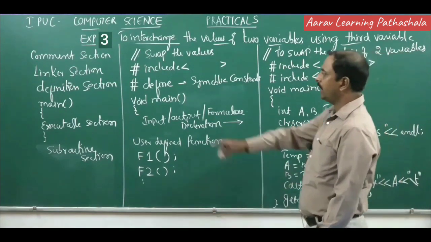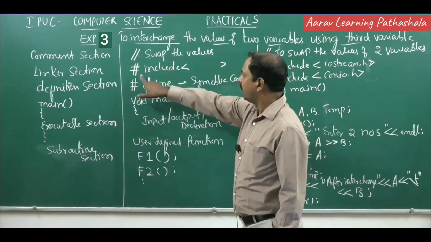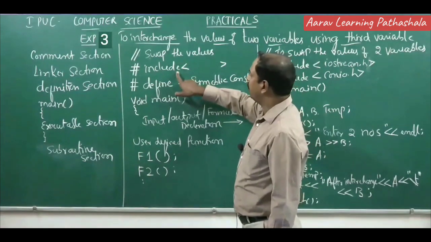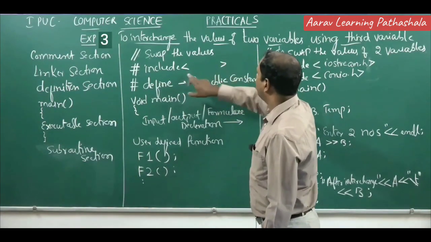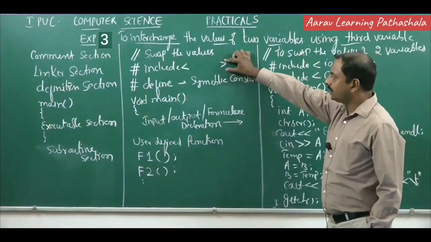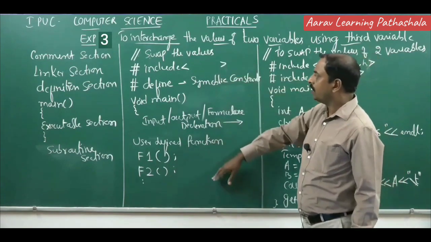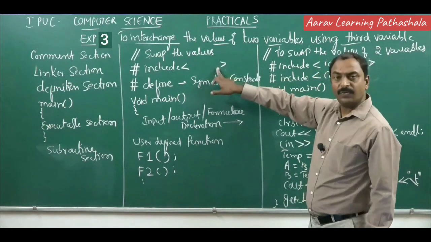The next section is the linker section. This linker section starts with hash include. Between the pair of angle brackets we have to write the header files, and this linker section helps us to link our program with standard library functions.